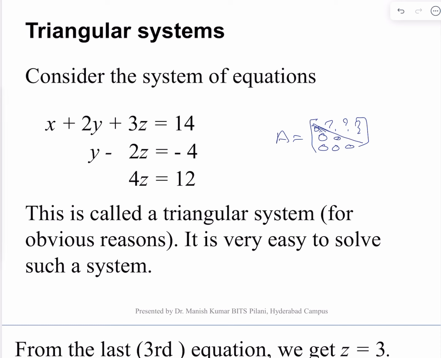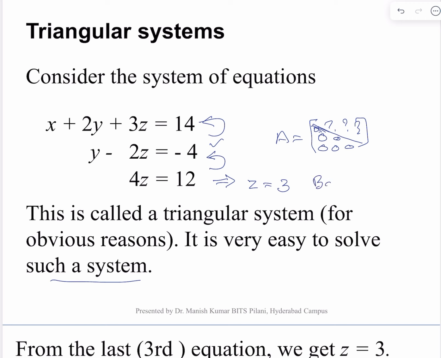It is very easy to solve: you can find the z value from here, z equal to 3, and then plug the value back. You plug in z equal to 3 and get the value of y. Similarly, you plug the values back into the first equation to get the value of x. So here, back substitution will work.